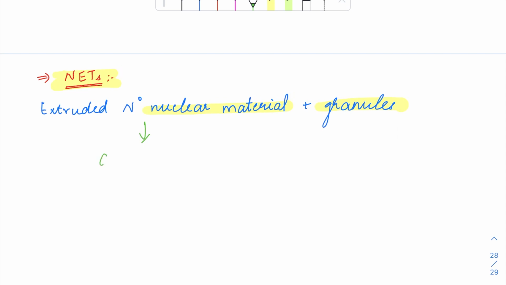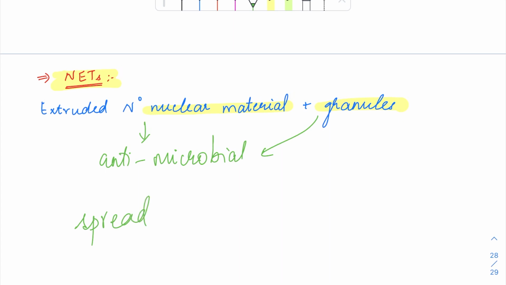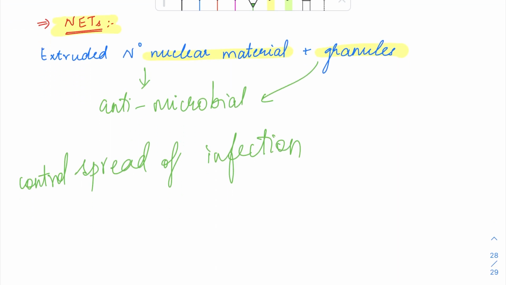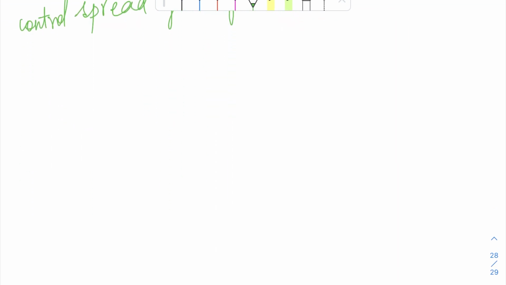It is actually a mechanism of antimicrobial killing. These granular contents are highly antimicrobial, right? So whenever the neutrophil wants to control the spread of infection, it is going to release these neutrophil extracellular traps, and so the infection spread will be controlled, and there is also going to be killing of the microbes.